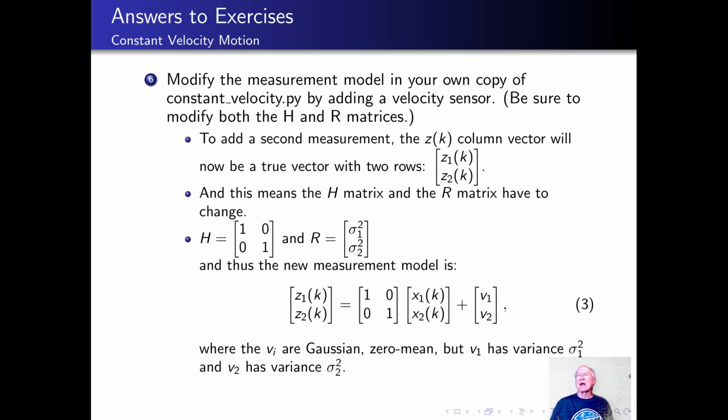We use H now as the identity matrix because the first row multiplies the now two-dimensional state vector and picks out the position state and then later adds in the white noise to give you the measurement. Similarly, the second row of the H matrix is 0, 1, and so it picks out the velocity state because the second sensor is a velocity sensor.